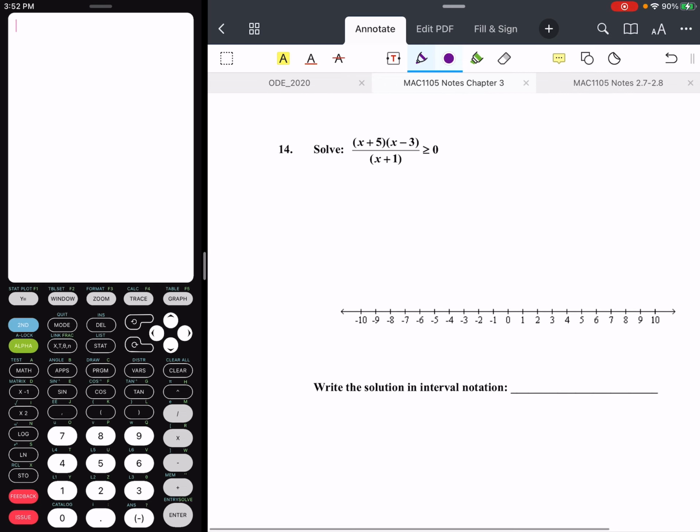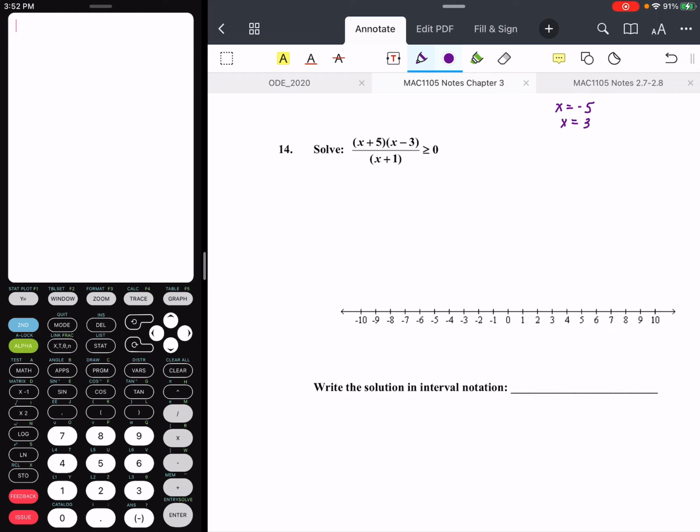All right, so that brings me to number 14. Now I've got a rational inequality, (x plus 5) times (x minus 3) over (x plus 1), the whole thing greater than or equal to 0. It's already factored. Setting x plus 5 equal to 0 gives me x equals -5. If I set x minus 3 equal to 0, that gives me x equals 3.